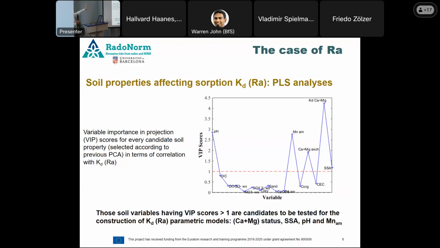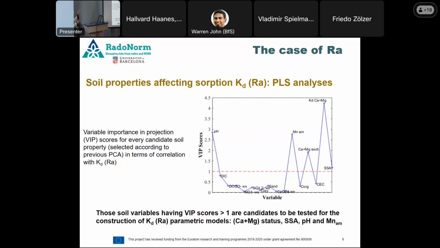Just as a summary, we considered the VIP score, the variable importance in projection score, as a nice index to identify those variables to be tested for the construction of parametric equations. As those knowing a lot about PLS will know, the threshold of 1 is the one recommended for such selection. So those variables having a VIP score over 1 were those tested for parametric equations.